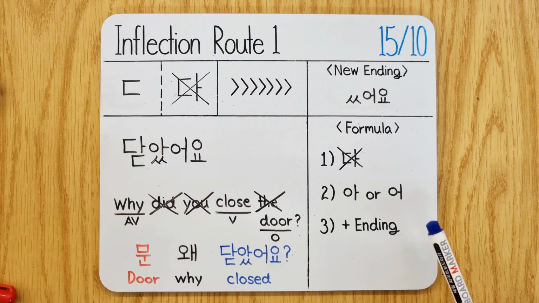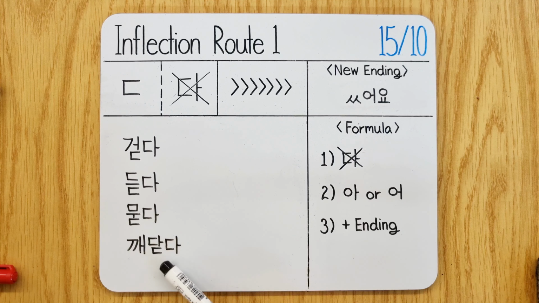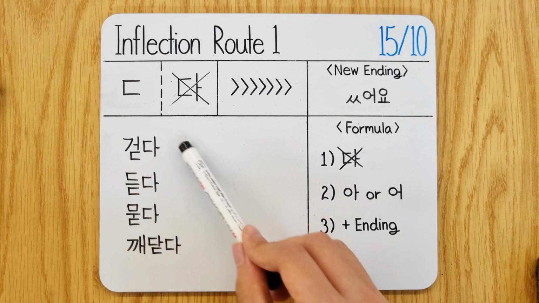They follow their own inflecting formula. The 4 exceptions are walk, listen to, or hear, ask, realize. There are more, however, when it comes to everyday life normal conversations, you are pretty much safe with these 4 at first.